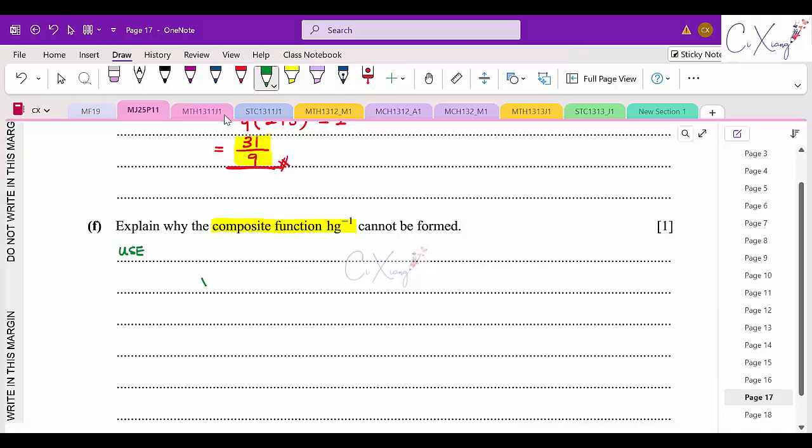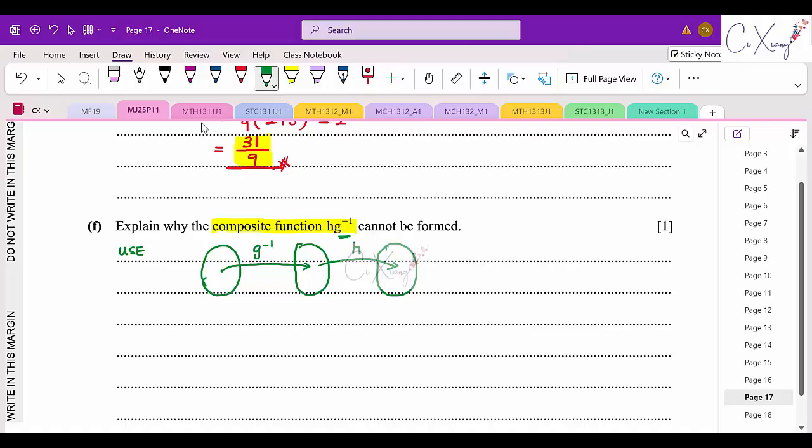Basically it means that we are having two functions here. We are sending x to one set of values by using G inverse first. Composite function means you start from G inverse first, then followed by h.